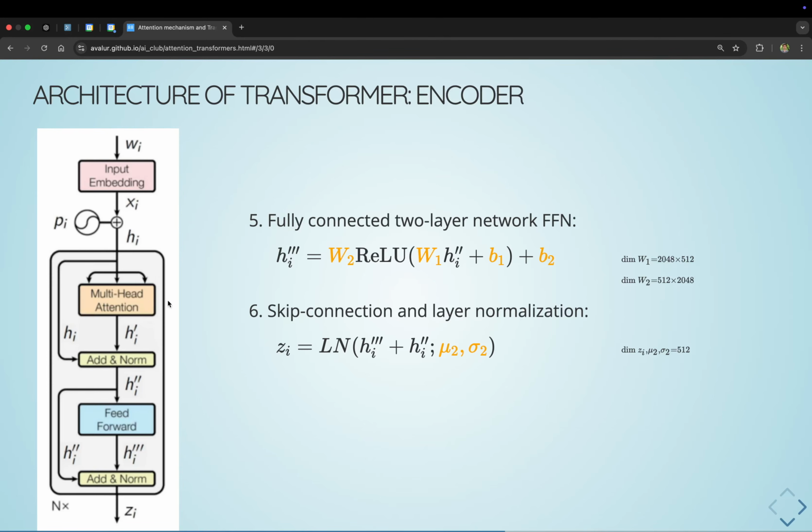So the goal of this block is to enrich, to change, to share the information between different input tokens. And now, here you see the last part of the transformer encoder is here n times, and actually it means that we need to copy this transformer model, for example, 6 times.